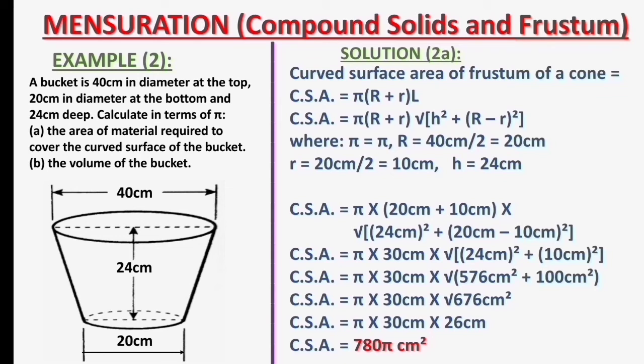While the perpendicular height h is 24 centimeters. Substituting these values into your formula and calculating, the curved surface area of the bucket, which is the frustum of a cone, is 780 pi centimeter squared.